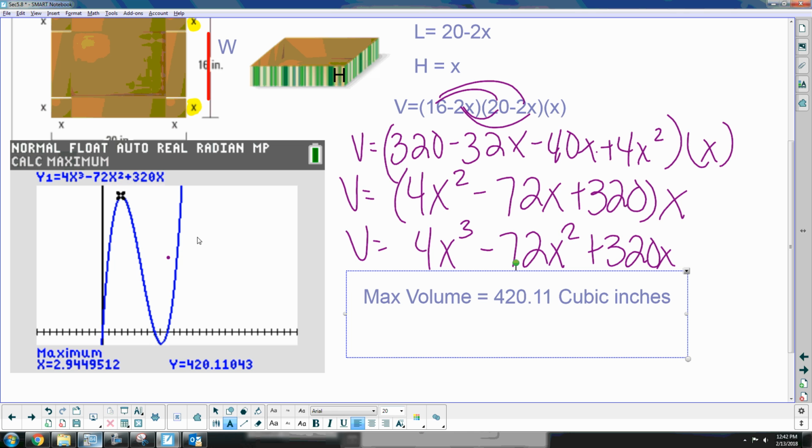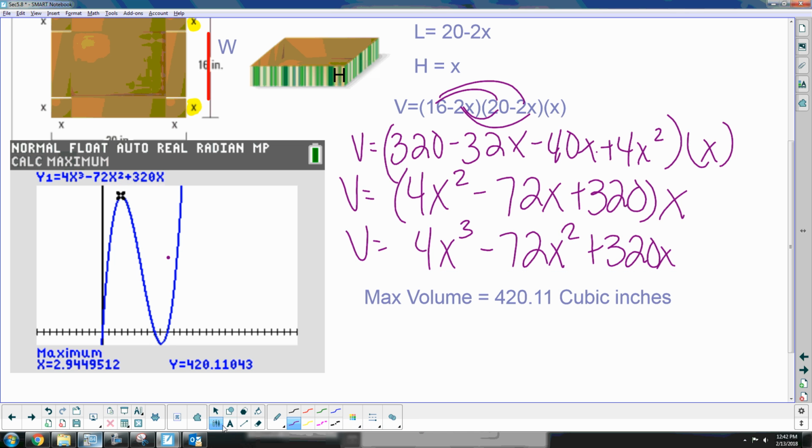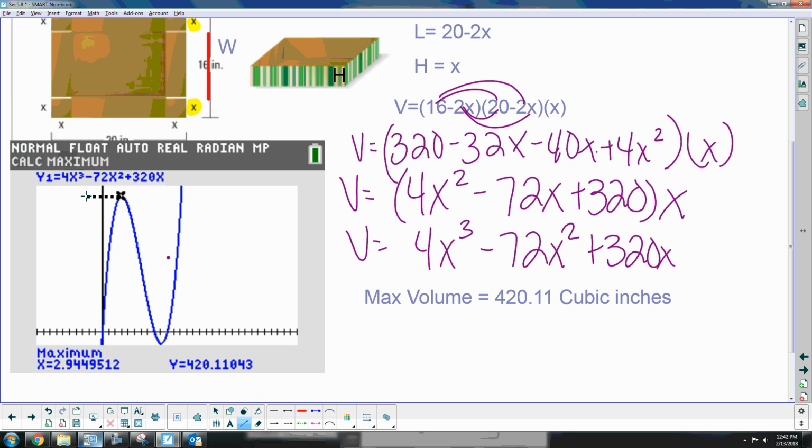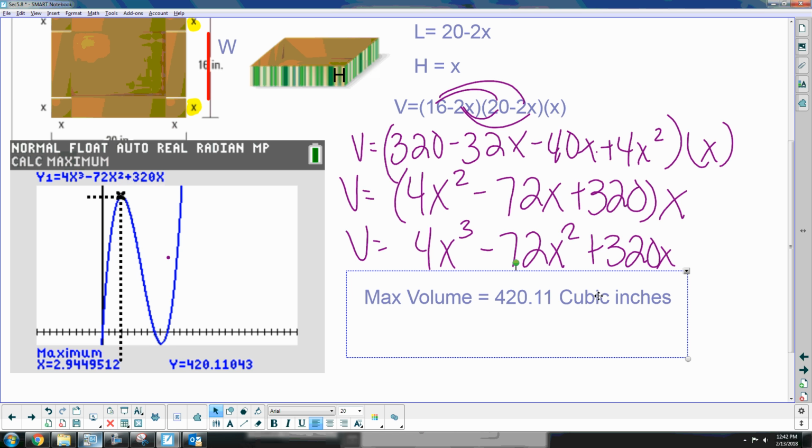When my y value is 420 cubic inches, what does my x have to be? So again, my estimate was 3, but it actually looks like it's a little under 3. So my x is 2.94.